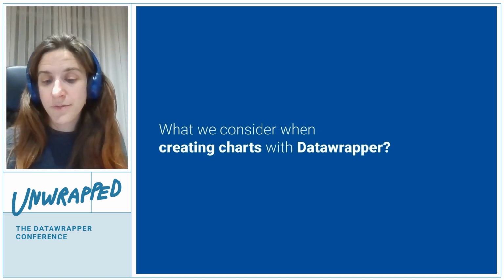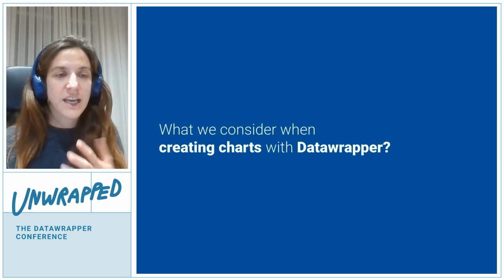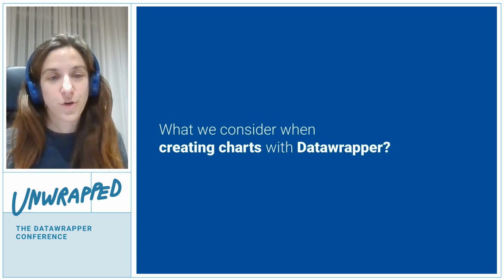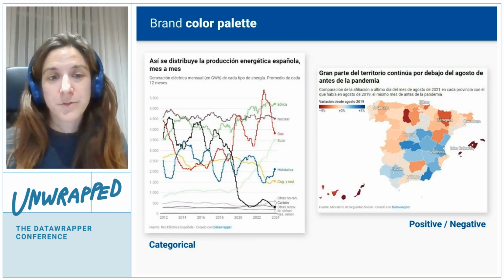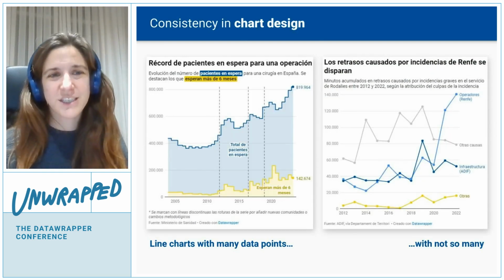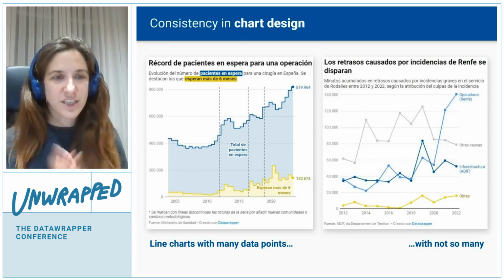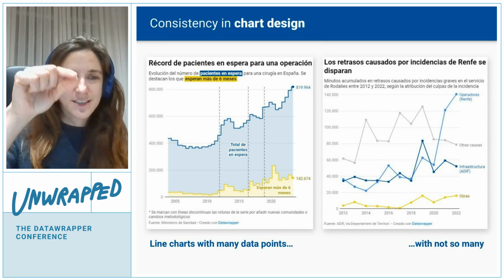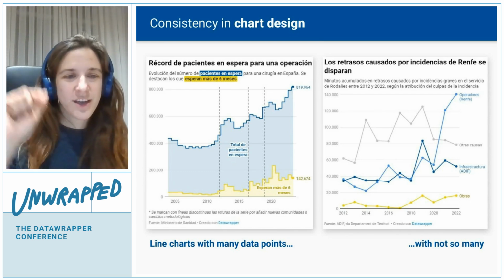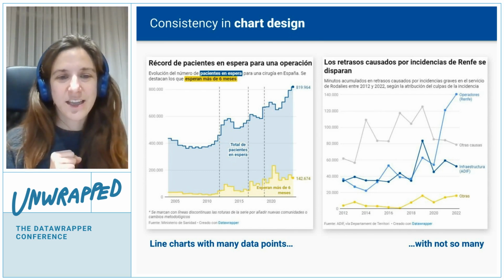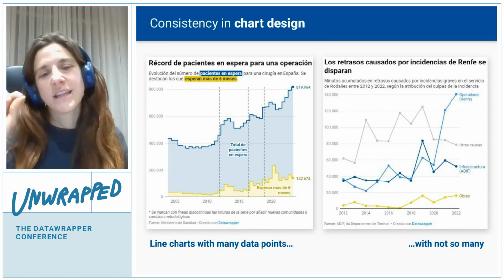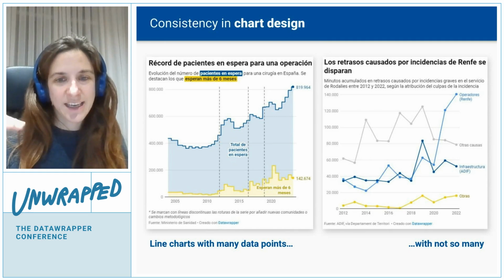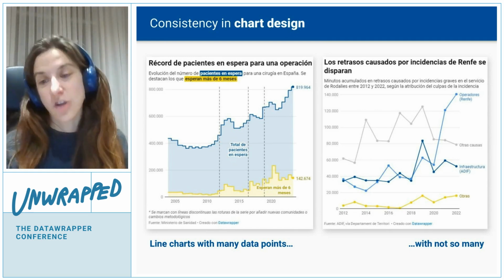These are some of the tips I would say. Maybe there are some things you want to think about. For example, we've taken some decisions about chart design. When we use a line chart, we use steps in the evolution when there are many data points, or we use straight lines with dots when there are not so many.